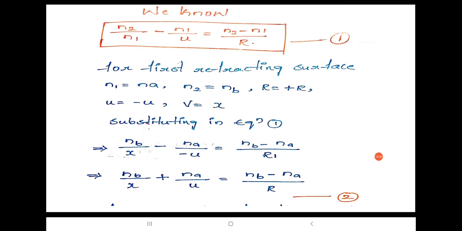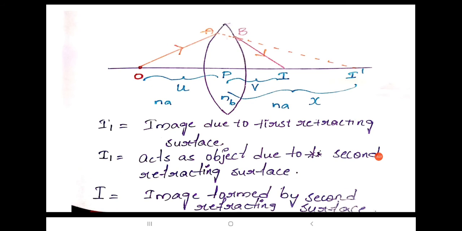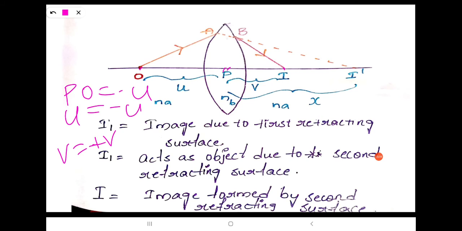We measure the distance from the pole. From P to O is the object distance, and from P to I is the image distance. Applying sign convention, PO equals minus U, that means object distance is minus U, and V is plus V.